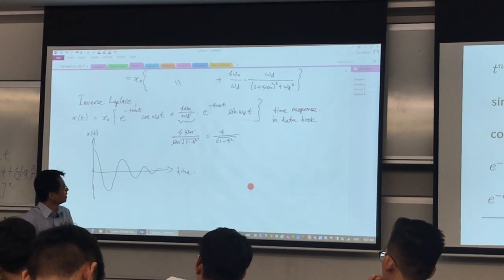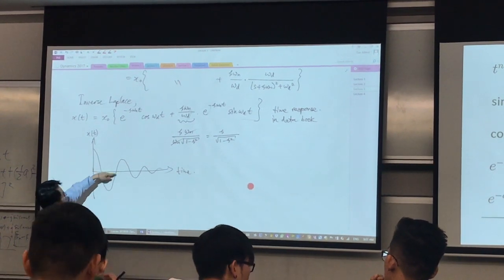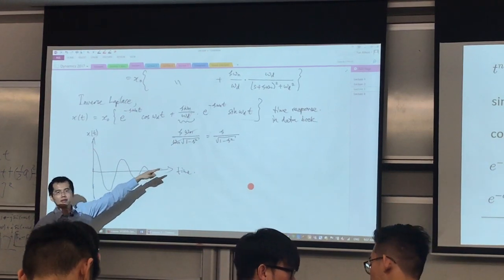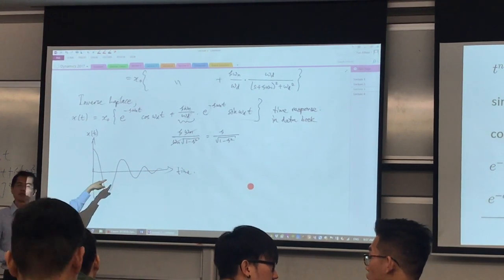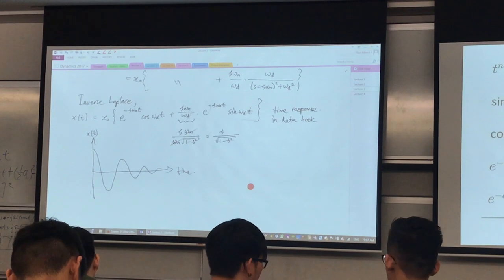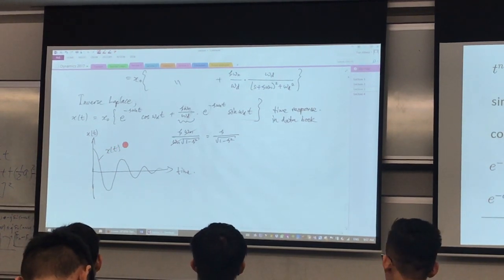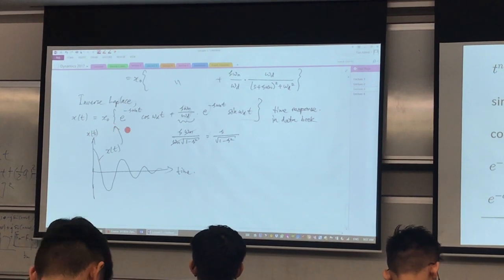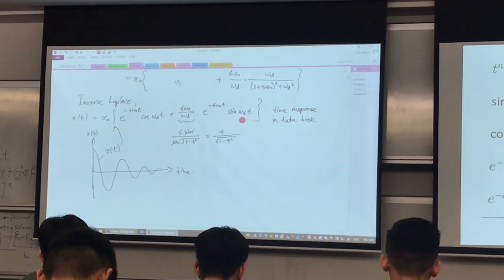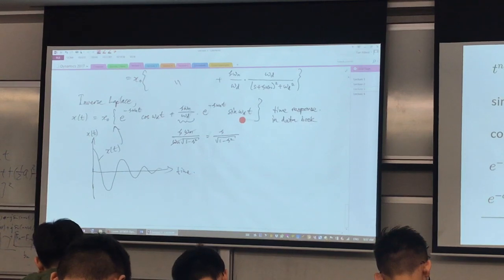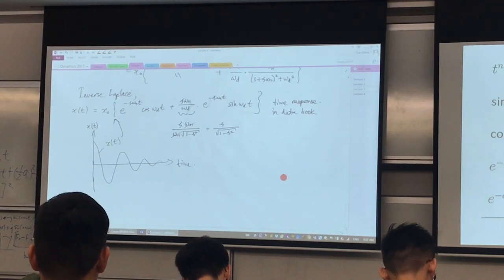So that is exactly that kind of motion that you can expect. Okay, that's the equation, x(t). This is a formula that you don't have to memorize. It is provided in your data sheet.